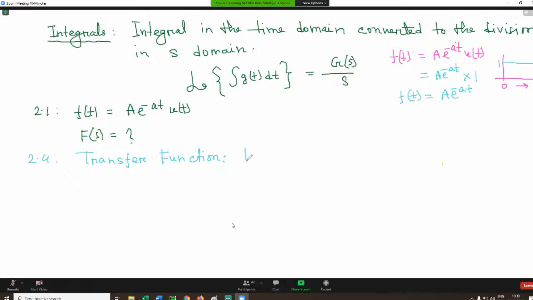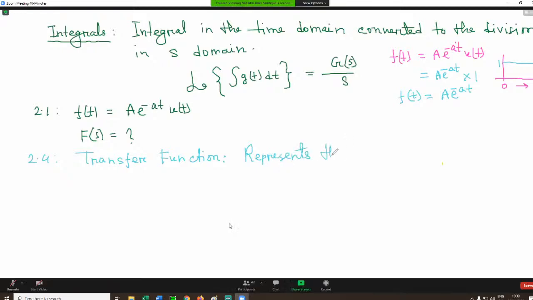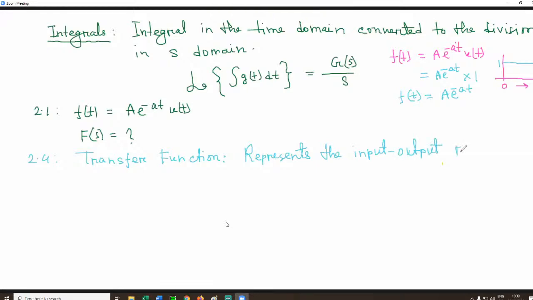So you can write that it represents the input-output relationship of a system.